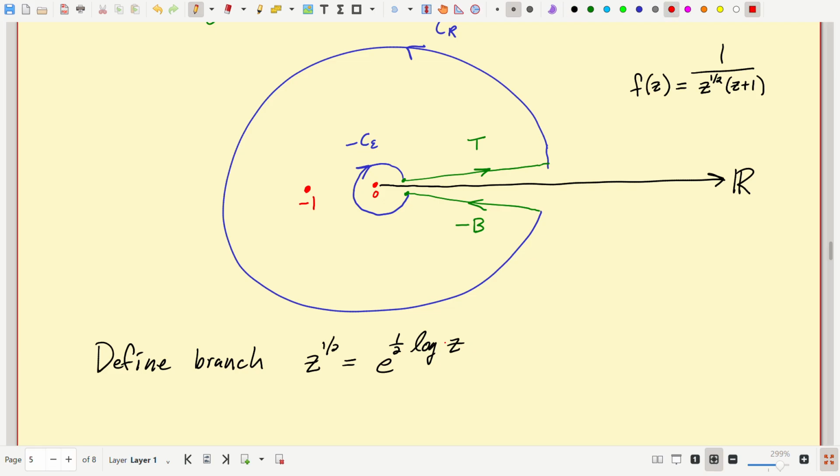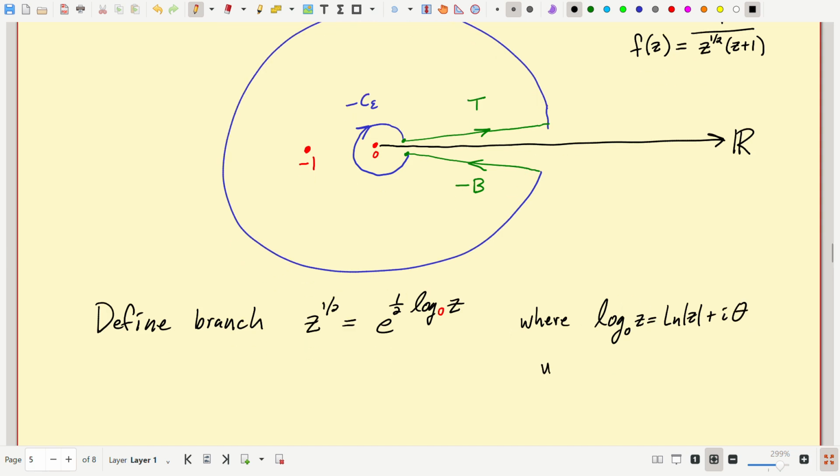So that's called log 0 of z in my notation, where log 0 of z is the natural log of mod z plus i times theta, where theta is an argument going from 0 to 2 pi.